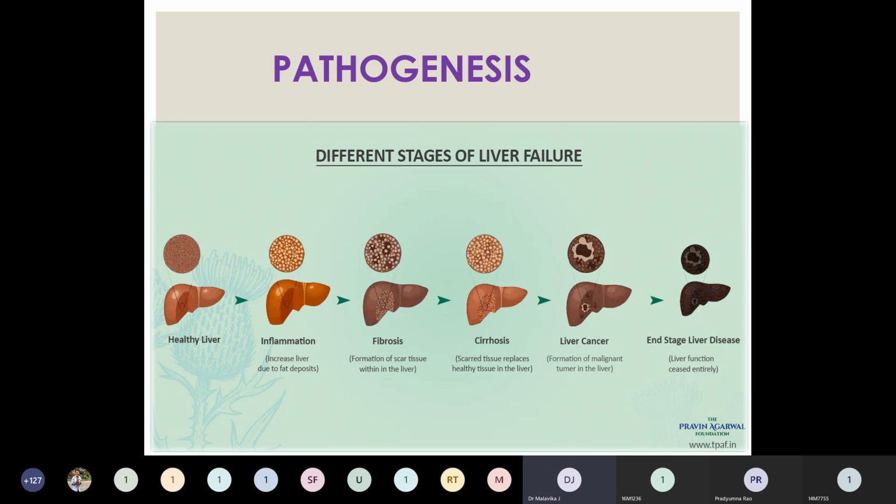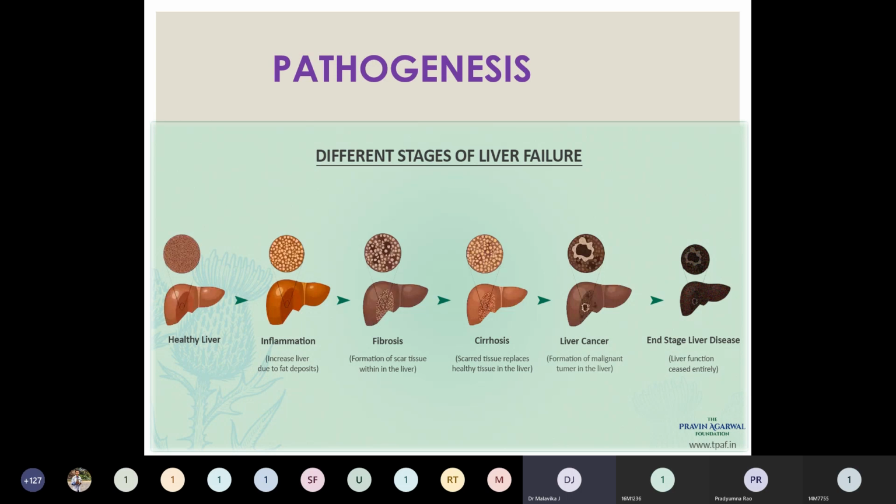Coming to the pathogenesis, these are the different stages of liver failure. This picture shows a healthy liver. Whenever there is an insult to the liver, it results in inflammation, causing increased liver size due to fatty deposits.